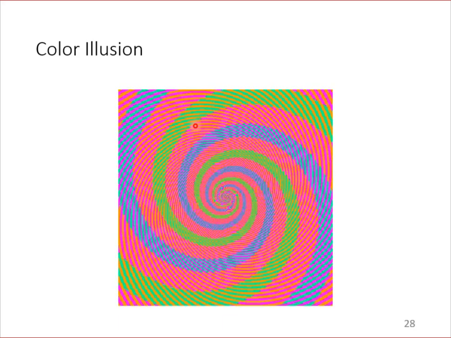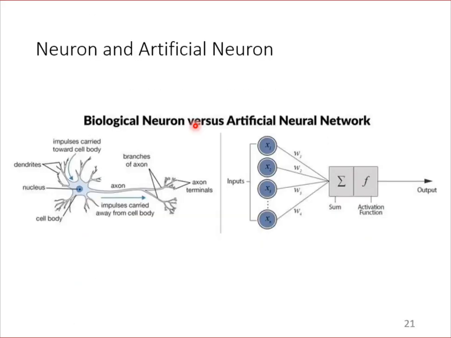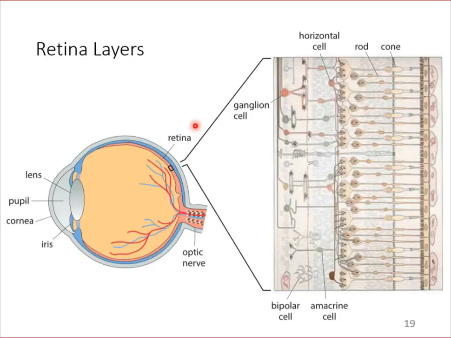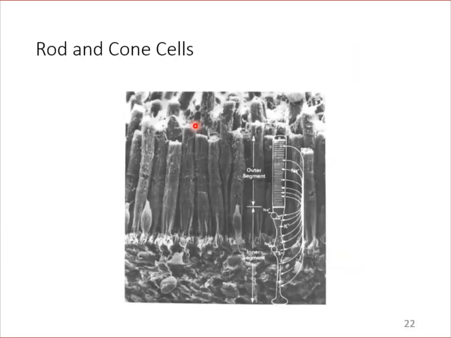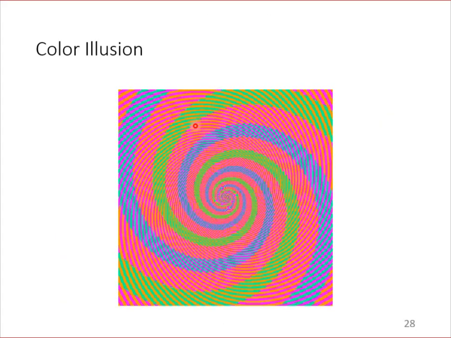Okay, the reasons. Let's go back to the neural system. Because there are a lot of rod and cone cells, and they are very dense and very small, when we watch this image, we cannot use only one or two cones. We use a lot of cones, so we cannot control their signals. They need to work all together at the same time.